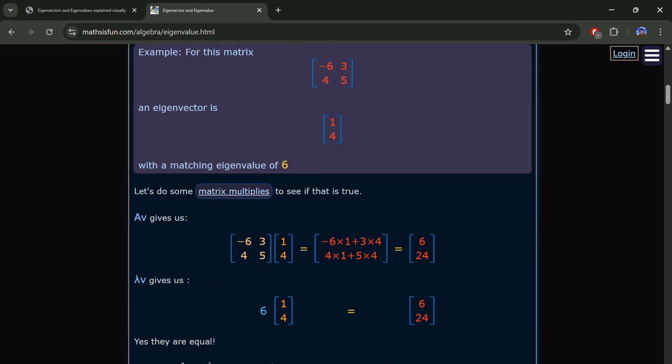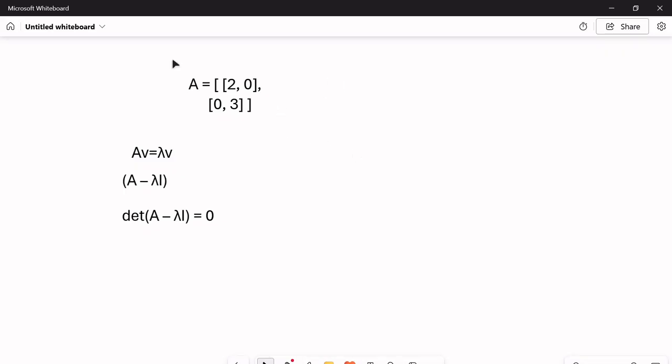Imagine there's a matrix, and you feed a vector into it. We'll try to imagine a matrix as some sort of machine, and you feed a vector into it, and it outputs another vector. This new vector that it outputs points in a completely new direction.